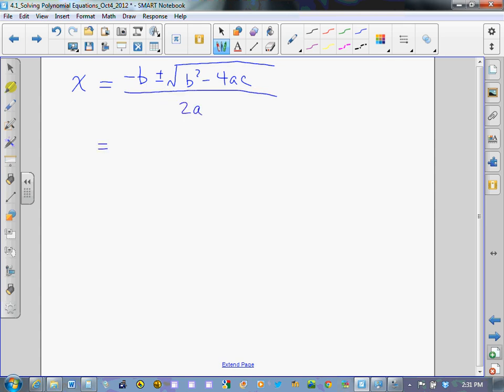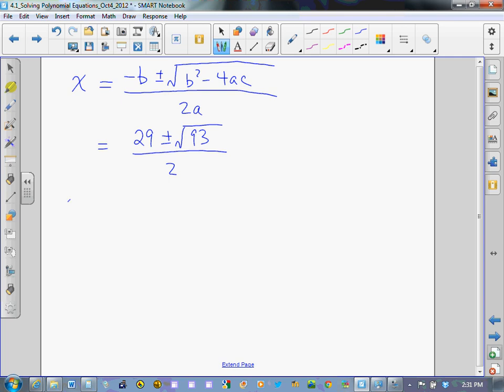Remember, b was negative 29, so the negative of that would be plus 29. So plus or minus, do recall that we've already predetermined b squared minus 4ac. It's 93. And 2a would be 2 by 1, which is 2.